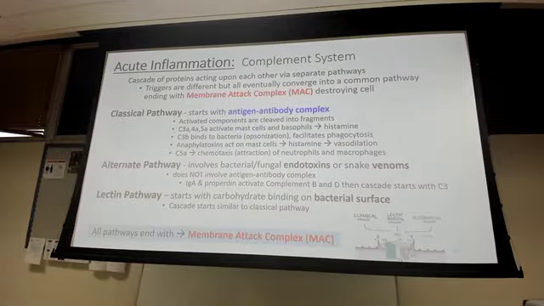What I want you guys to know is that whether it's the classic pathway, the alternate pathway, or the lectin pathway, they're all going to end in that membrane attack complex, that MAC, right? Whether you have a bacterial infection or you get bitten by some type of snake venom, it doesn't matter. All three of these pathways are going to end in the membrane attack complex.